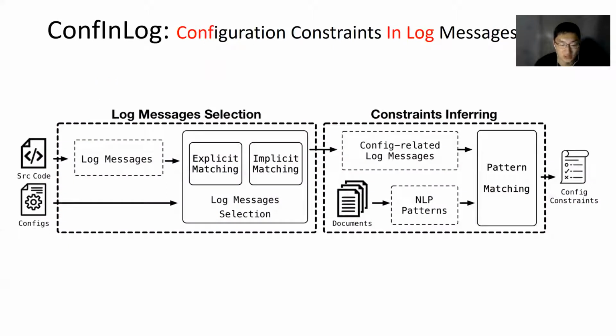Based on the findings, we design and implement ConfInLog, a tool to infer configuration constraints from software logs. ConfInLog takes source code and configuration options as input and outputs a list of configuration constraints. There are 2 main steps, log message selection and constraint inferring.